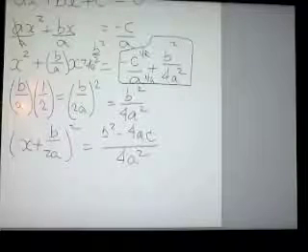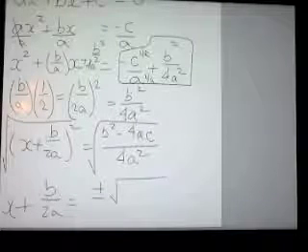Now notice that the denominators are exactly the same, so I can write them as one fraction. I'm going to keep the positive term first, so I get b squared minus 4ac over 4a squared. That should start looking familiar now. Remember, when you have that perfect square on the left-hand side, we can take the square root.